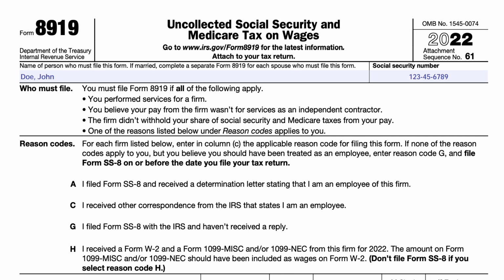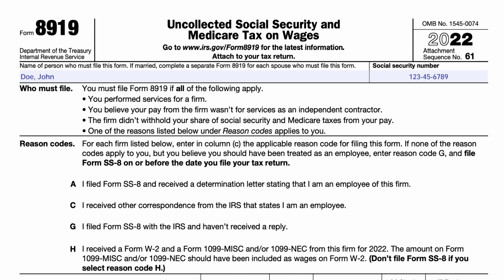If you are trying to calculate Social Security and Medicare taxes owed on tips that you did not report to your employer, or allocated tips that were shown on your Form W-2 as income, then you would use IRS Form 4137, which is the form for Social Security and Medicare tax on unreported tip income.